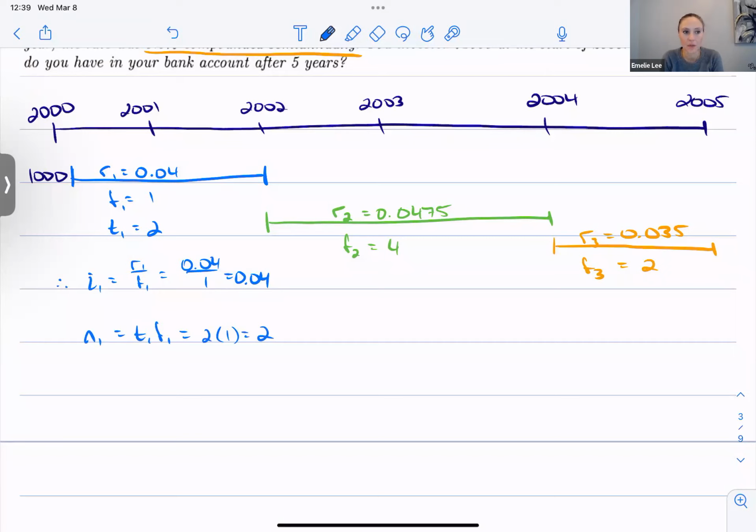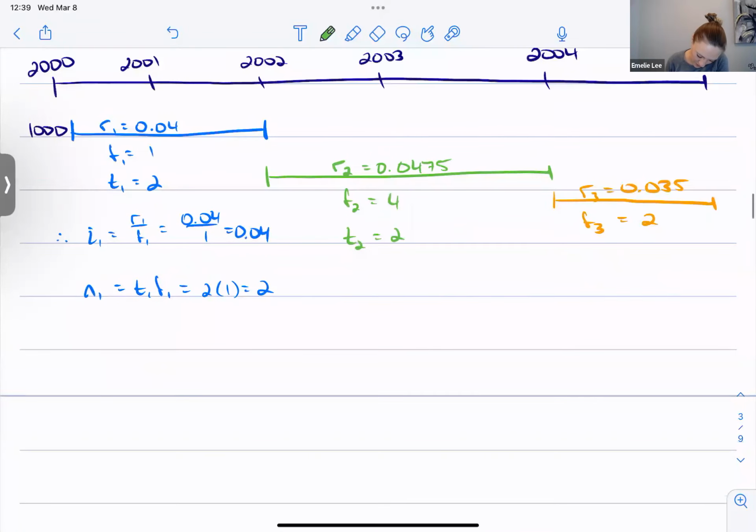Let's do the same thing for R2, or the green section if you prefer. The amount of time is 2 years, 2002 to 2004. And so T2 is 2 years. So therefore I2 is R2 over F2, which is 0.0475 divided by 4.